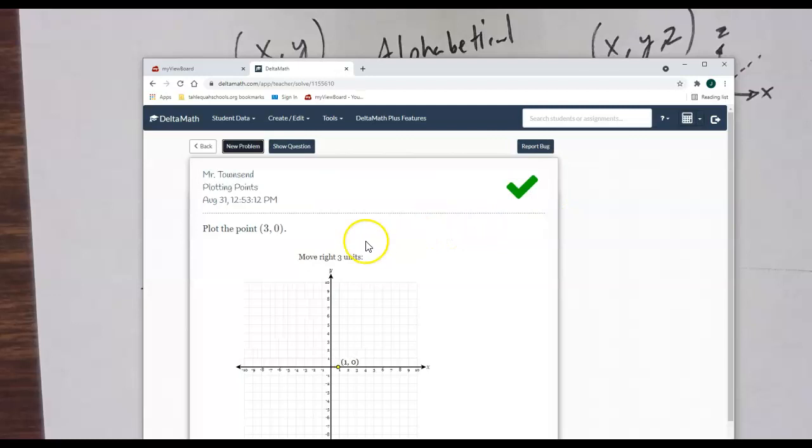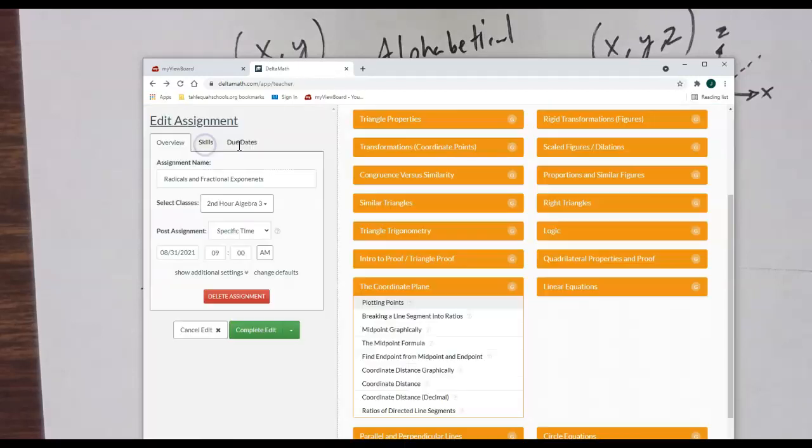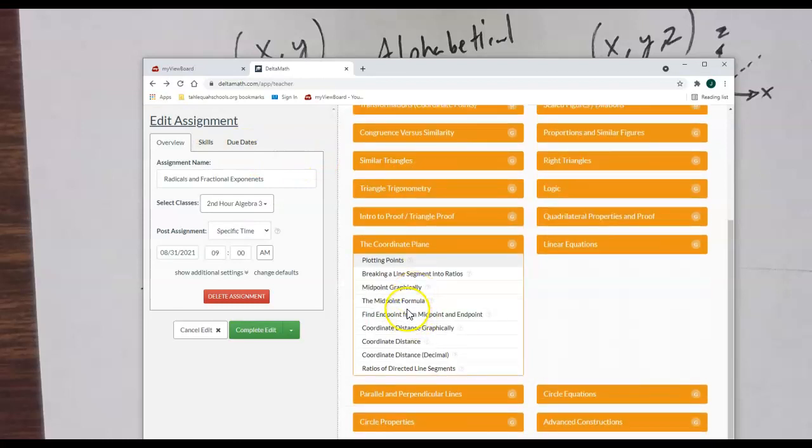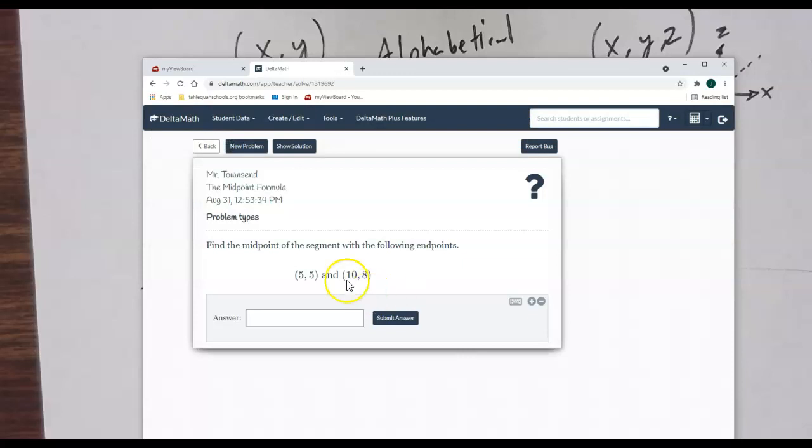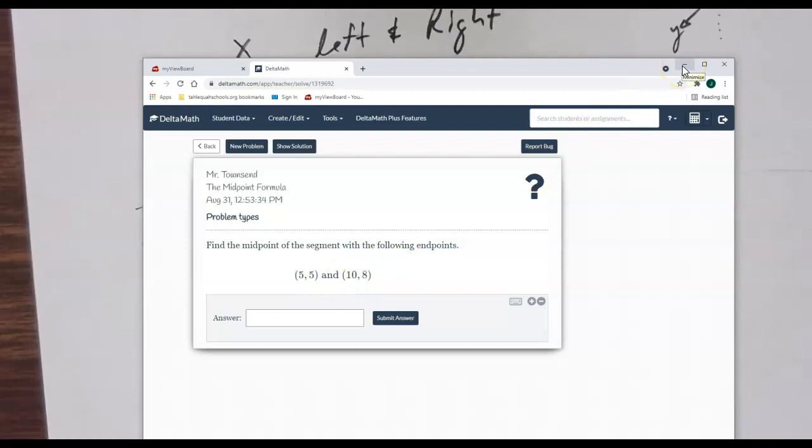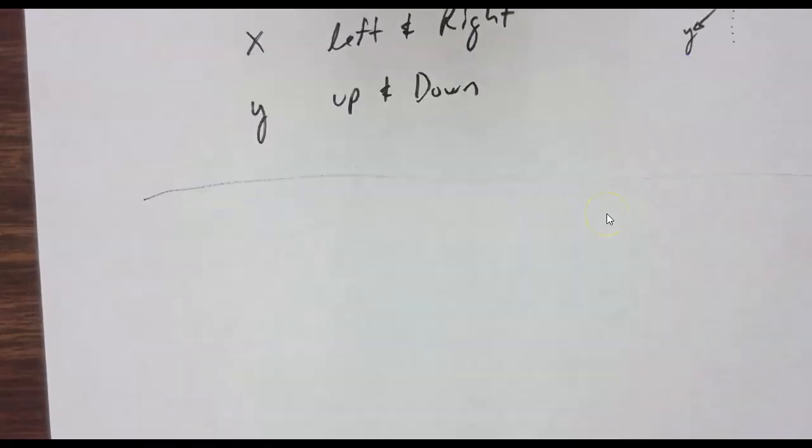In Algebra 2, it becomes apparent, and we use that quite a bit. So since I won't be here, we're also doing the midpoint formula. I'll go ahead and click on this one, but we've got to actually write the midpoint formula information down. 5, 5, and 10, 8.